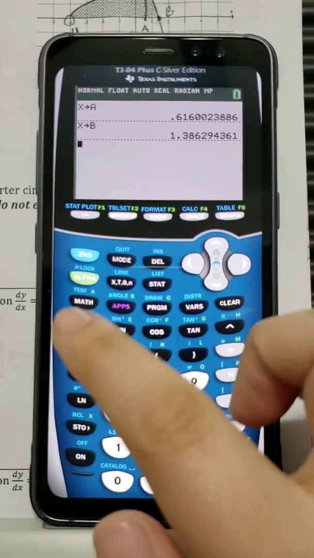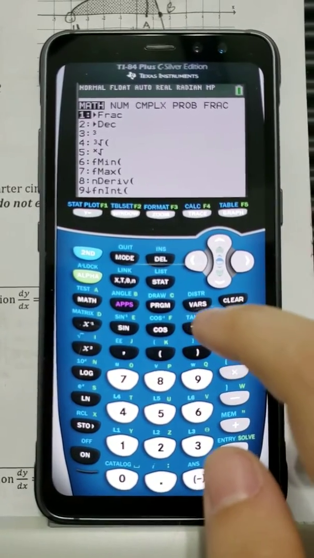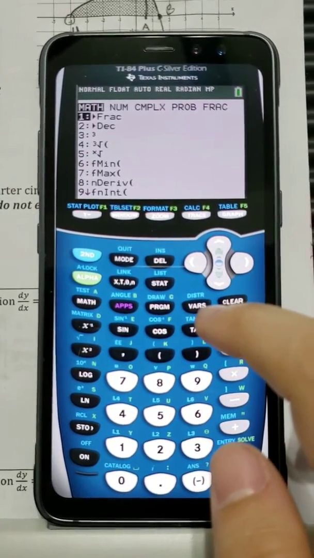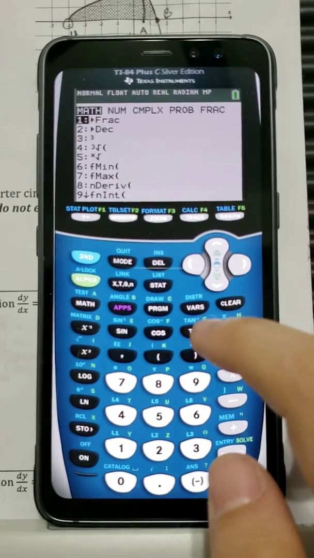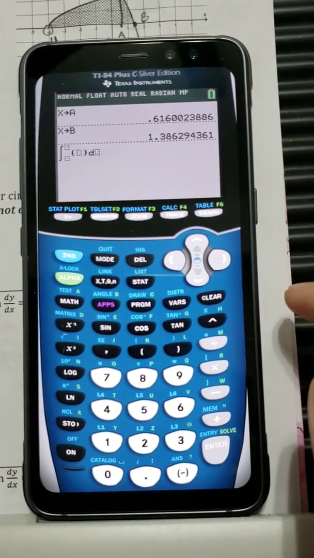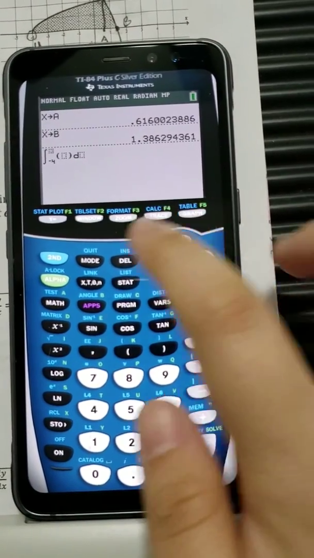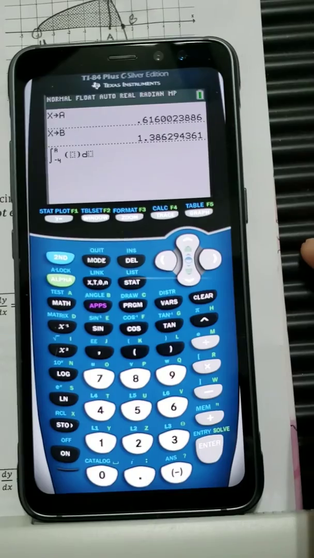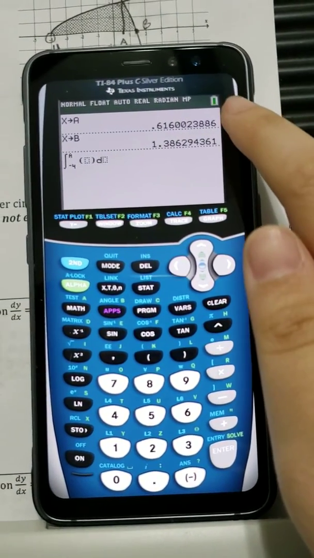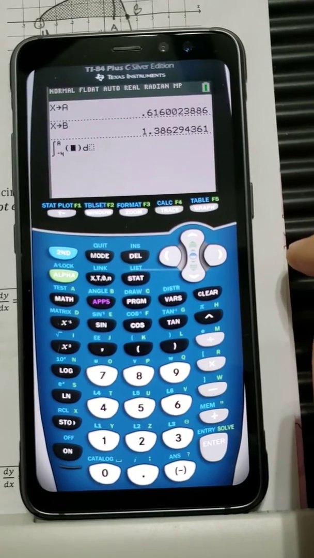So if I go to math, and I go down to FN integral, sorry. I'm going to press 9 instead of scrolling. And I'm going to plug it in from -4. And the beauty is I can just write A. I don't have to write that long digit. And you know what's crazy?